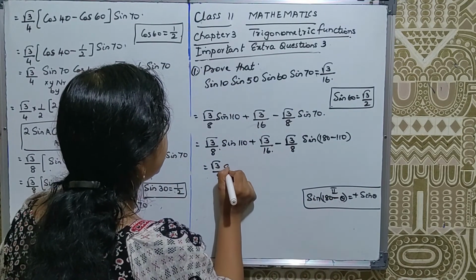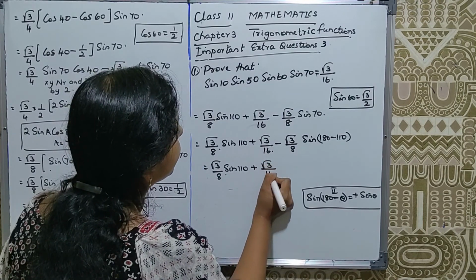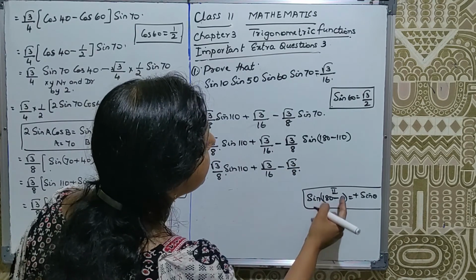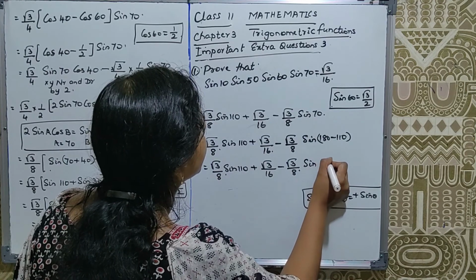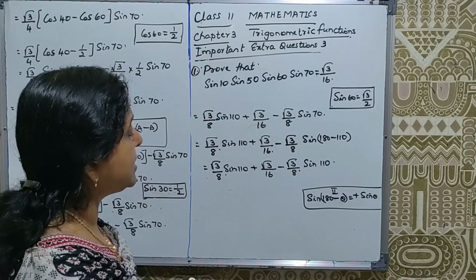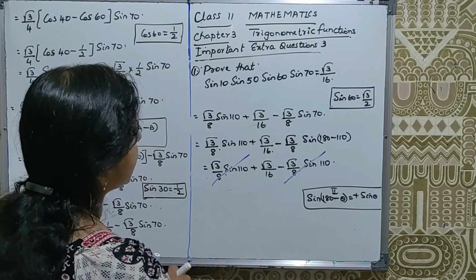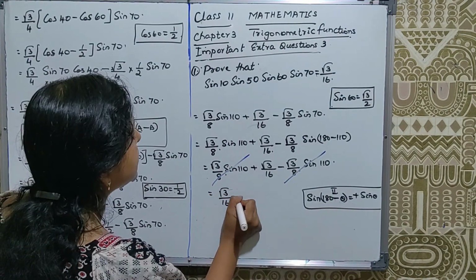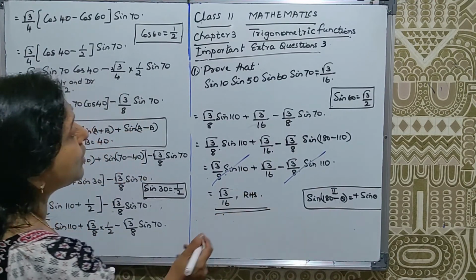So it will be sin 110, where theta here is 110. Now plus root 3 by 8 sin 110 and minus root 3 by 8 sin 110 will cancel. When these two terms cancel, you will get the answer root 3 by 16, which is the required RHS. Now we'll go to the next question.